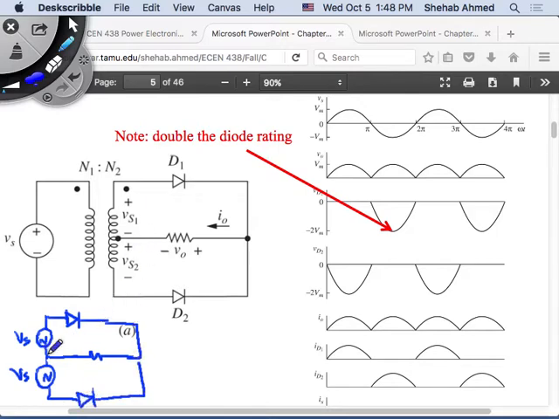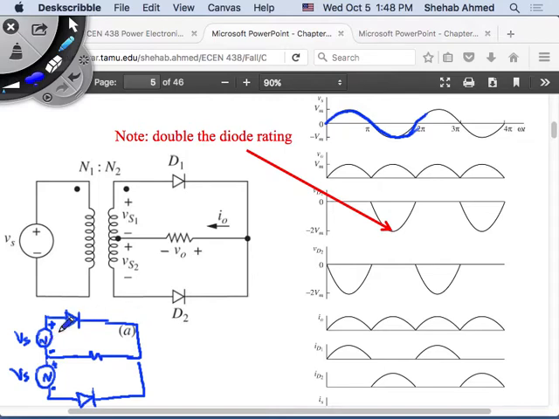So in the positive half cycle, what's going to happen? This is my input voltage as well, same as we had before. In my positive half cycle, this is the most positive value of the voltage here, and the most negative value between these 2 terminals. This is like stacking 2 batteries on top of each other, right?